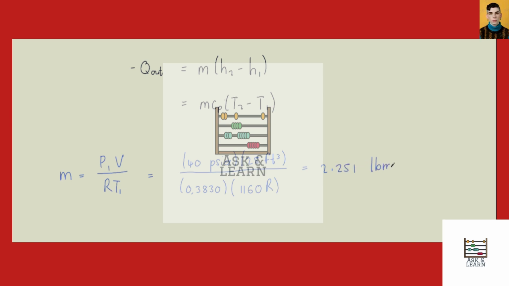So the mass of nitrogen in this process is 2.251 pounds.